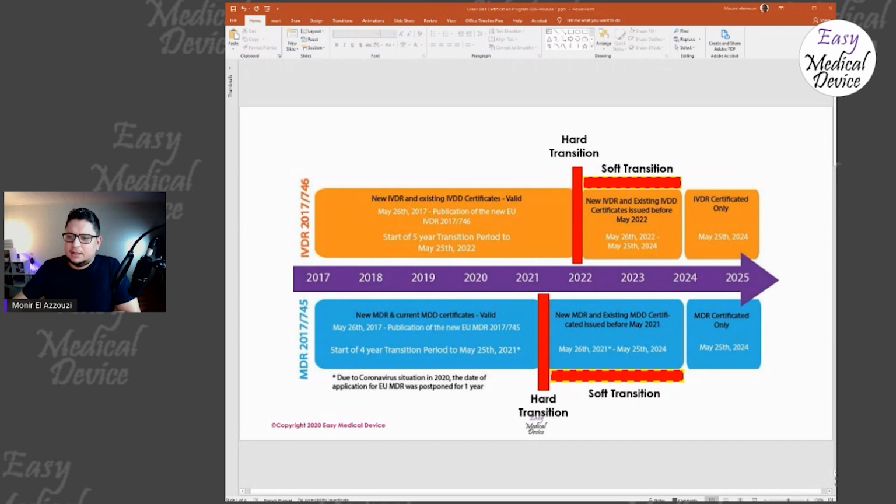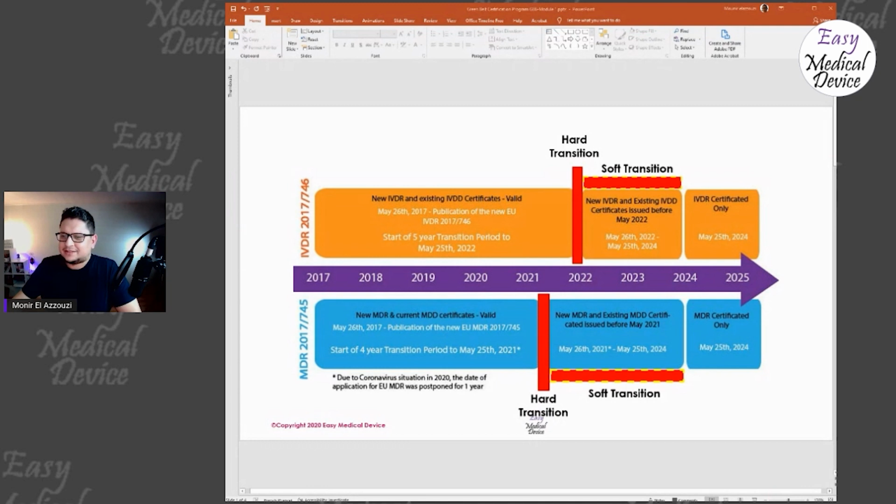So if you are class 1, but from May 26, 2021, your products become class 2A, class 2B, class 3, class 1S or class 1R, etc., all those classes other than class 1, then your product goes to a transition period until May 26, 2024. So you can continue to sell your products as class 1 until this date. But, and we'll talk about the but after.